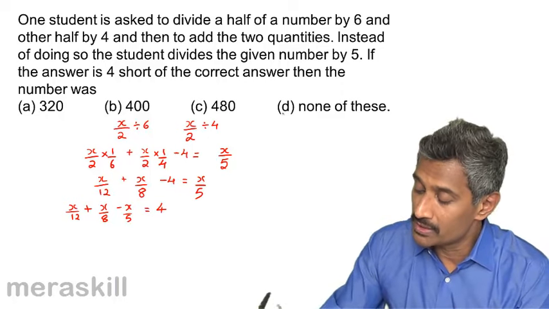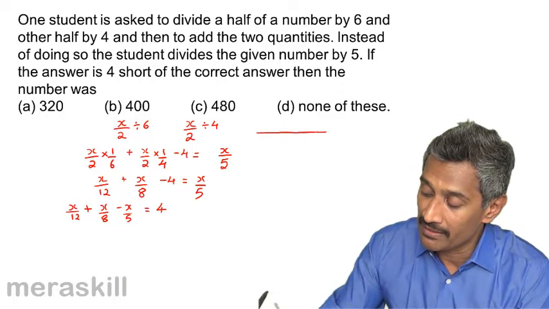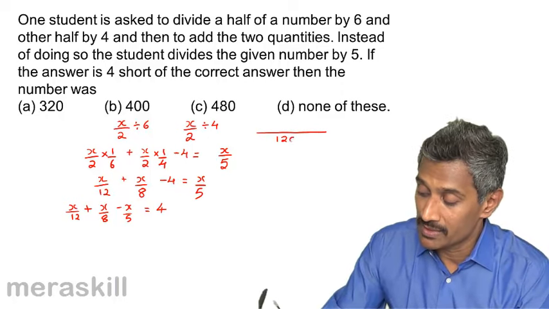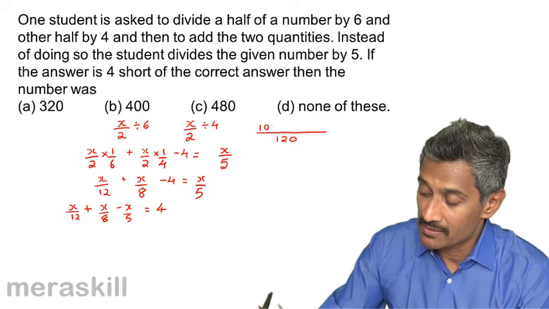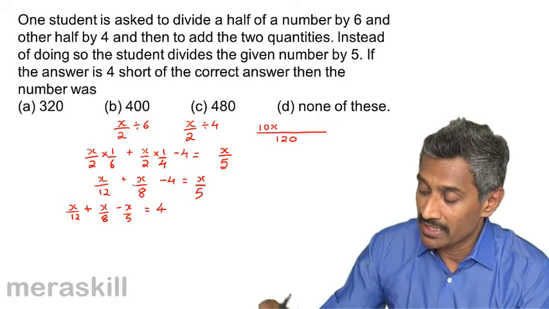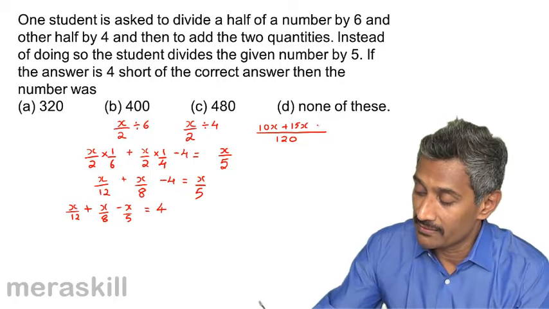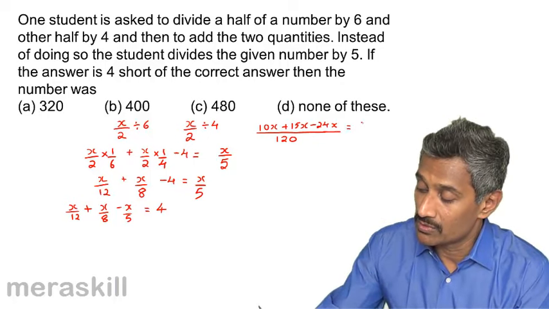If you look at 12, 8 and 5, 120 is the LCM. 120 by 12 is 10x, 120 by 8 is 15x, and 120 by 5 is 24x, is equal to 4.